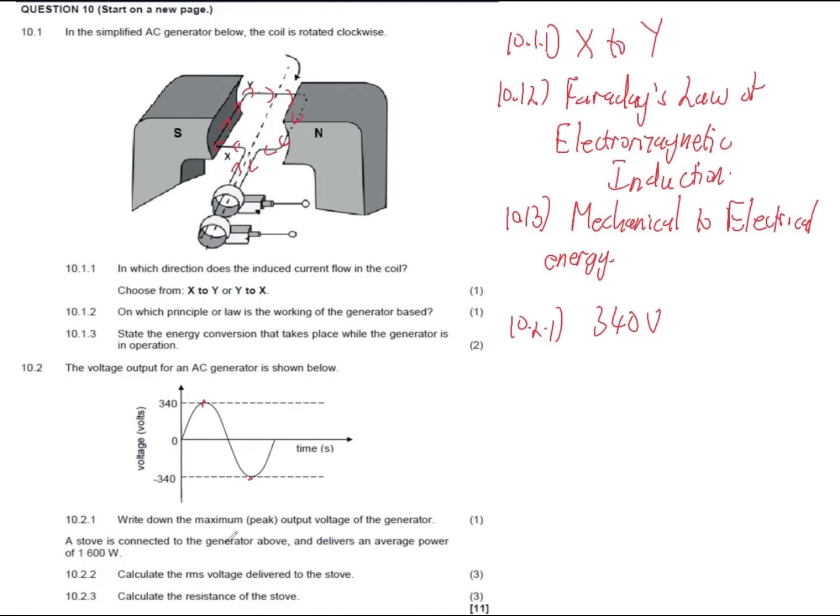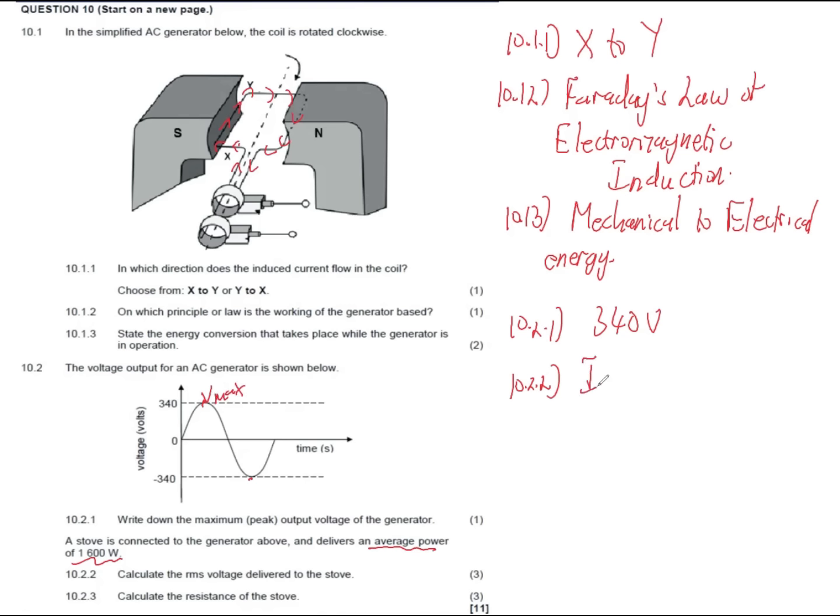10.2.2, a stove is connected to the generator above and delivers an average power of 1,600 watts. Calculate the RMS voltage delivered to the stove. The RMS voltage, right? Now to calculate the RMS voltage, remember we have the maximum here, Vmax.